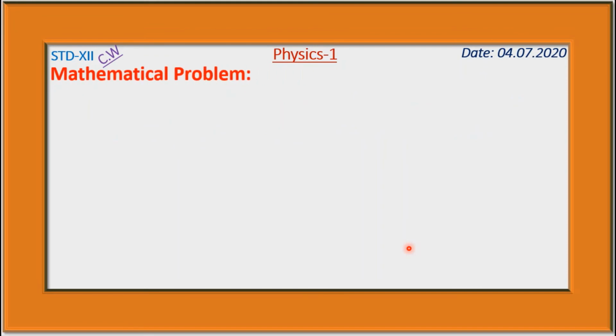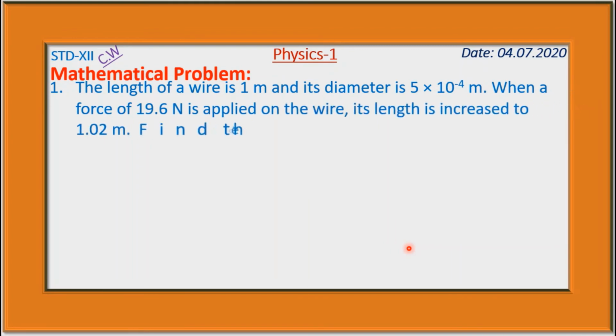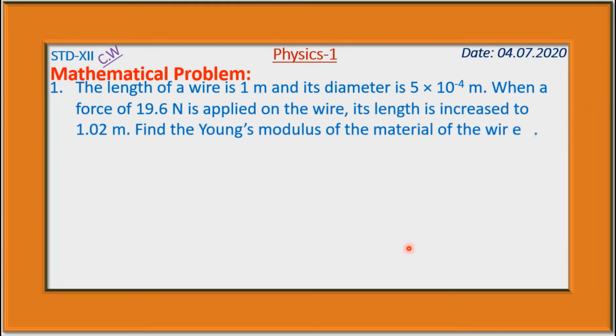Now mathematical problem 1. The length of a wire is 1 meter and its diameter is 5 into 10 to the minus 4 meter. When a force of 19.6 Newton is applied on the wire, its length is increased to 1.02 meter. Find the Young's modulus of the material of the wire.